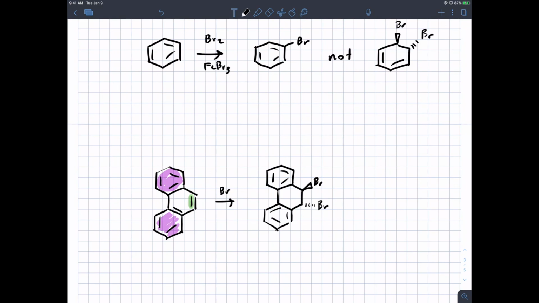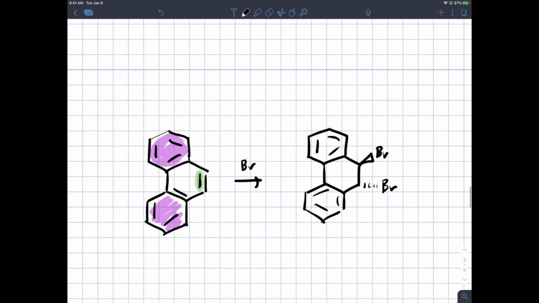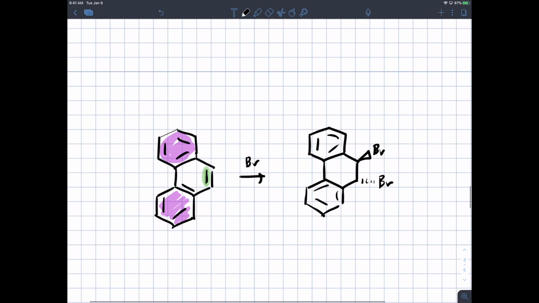So it can be somewhat difficult, especially with polycyclic systems, to determine which rings are fully aromatic and which aren't. And in general, you look for, actually, I'm not sure, just even looking at the phenanthrene structure, that it would be obvious that this would happen.